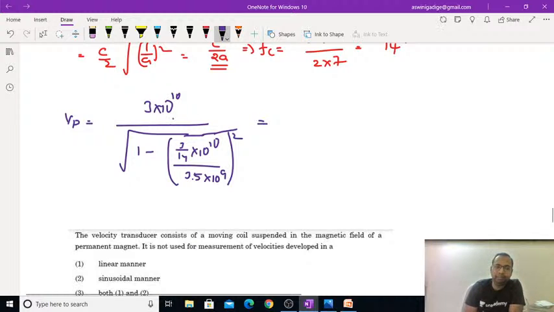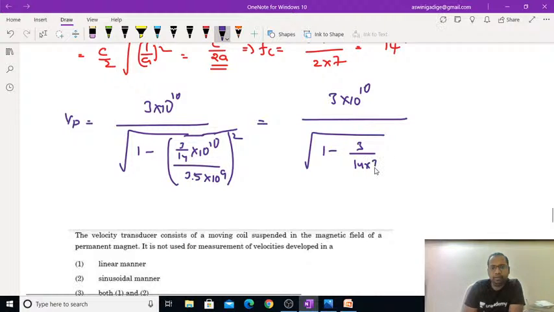I mean, simplify this calculation, then what we will get? 3 into 10 power 10 divided by root of 1 minus, 3 by 14 into 3.5 into 10, whole square. So calculate this one. What is the answer I will get?